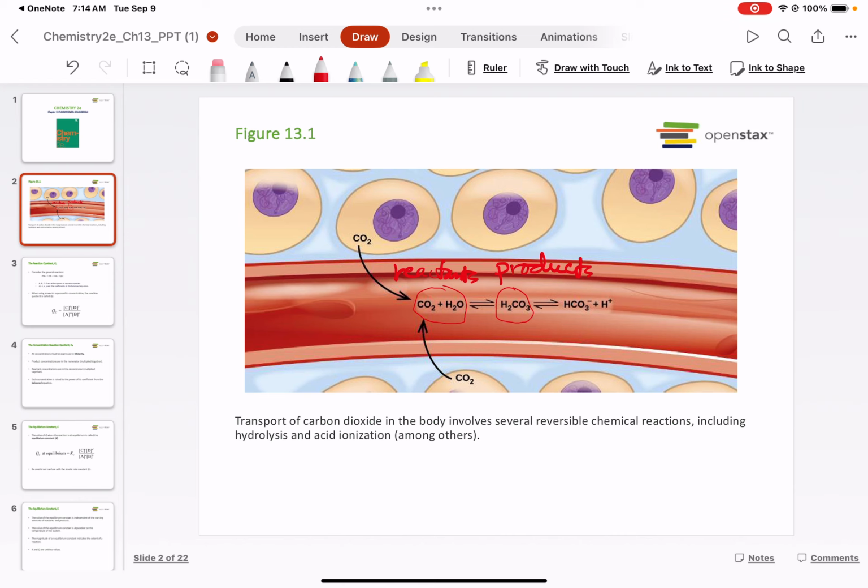The rate towards the right is the rate forward, and the rate reverse is towards the left. Those two rates are the same. That means when the rates are the same, there's no change in concentrations of reactant and product. So product and reactants are present at the same time.